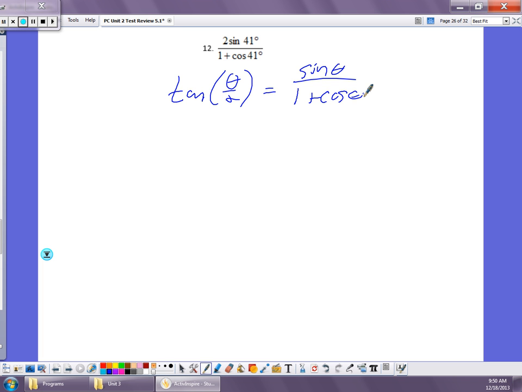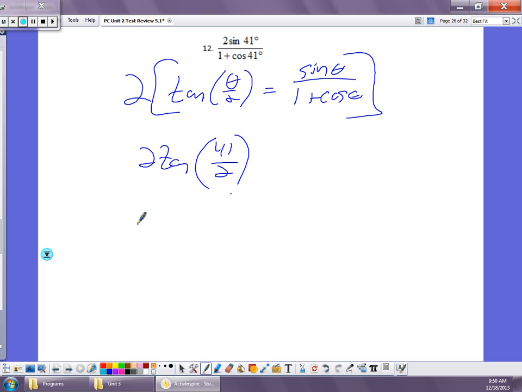So what do I need to multiply my identity by? Well, now I don't have a 2, here I do. So 2, right. So now I just have 2 tan of theta over 2, so that's 41 over 2. So it would be 2 tan of 20.5. And that would be your answer.